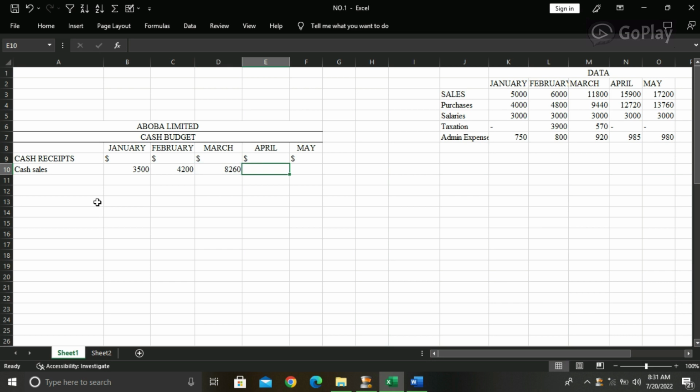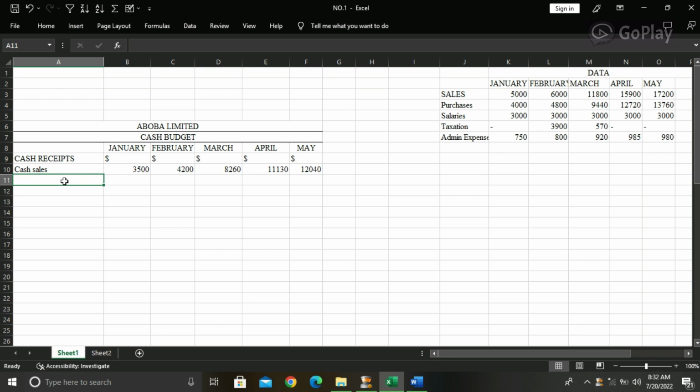Then that of April, 70% is $11,130. Then for May, 70% of 17,200 is 12,040. So that is about our cash sales.